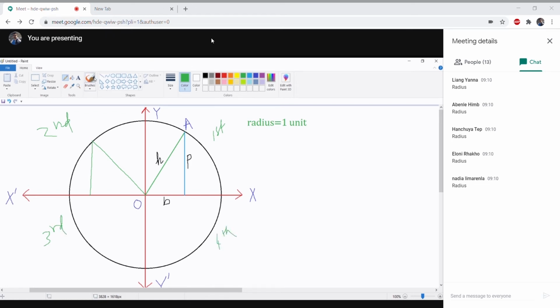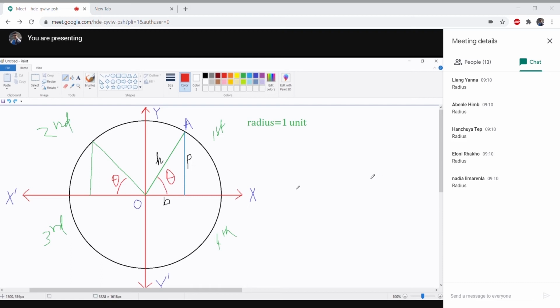Whenever the measure of the angle, here this angle is theta, whenever theta is changing, the sine, cos, tan signs will change. Understood? Sign means plus, minus. That is what we have to learn: which quadrant, what is the value?